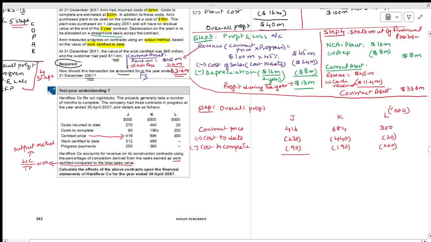Okay. Total profit, overall profit, is how much? Overall profit or total profit, both are the same. Don't get confused.